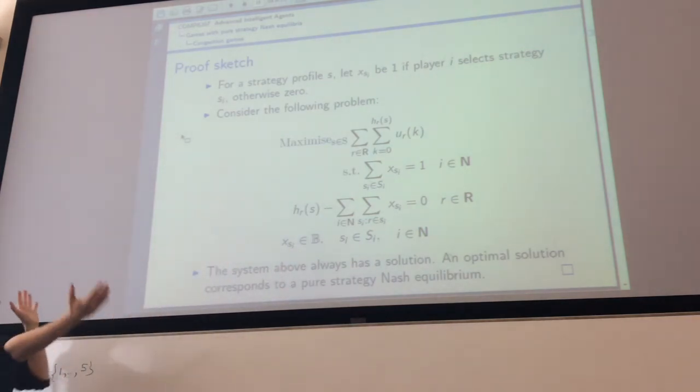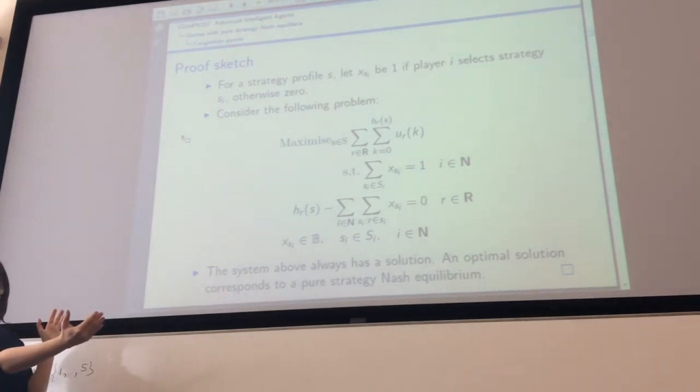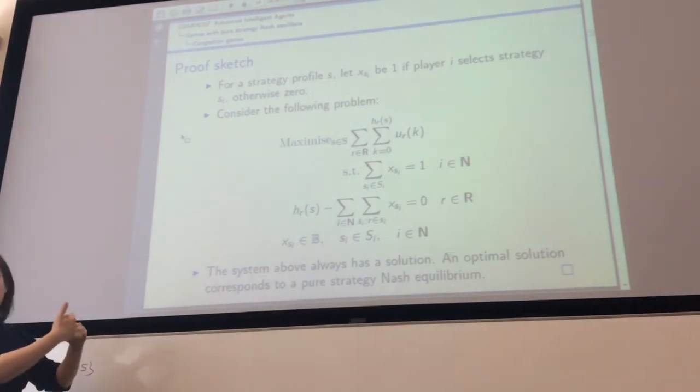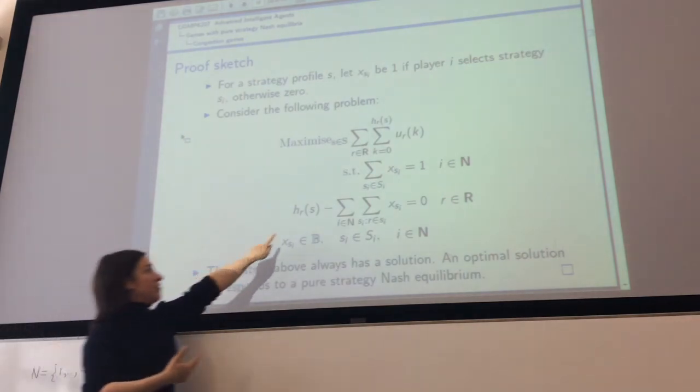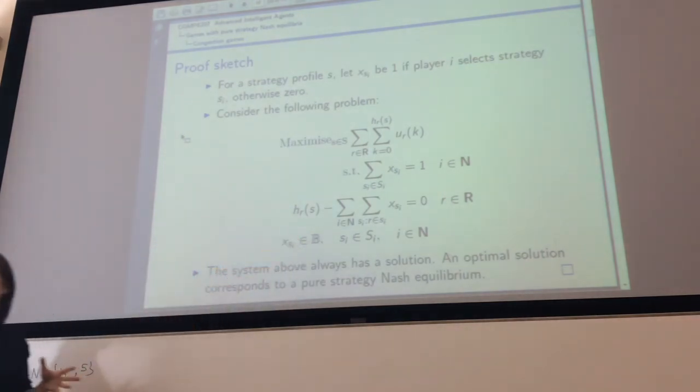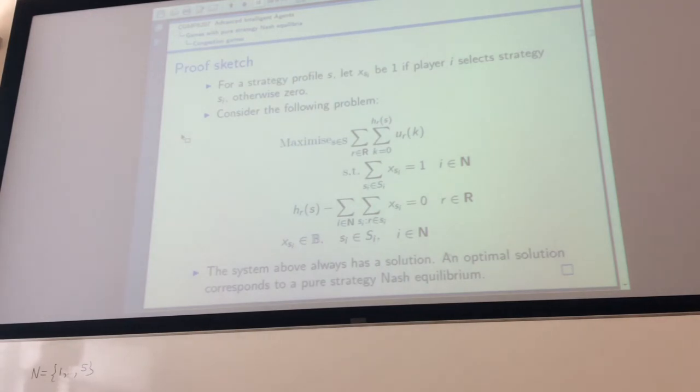You take the cumulative sum of those utilities from congestion at 0, 1, 2, and so on up to the congestion that it really has under the given profile. Okay? So that's a sum, the total sum of cumulative utilities on each resource. It does not have a practical meaning indeed.